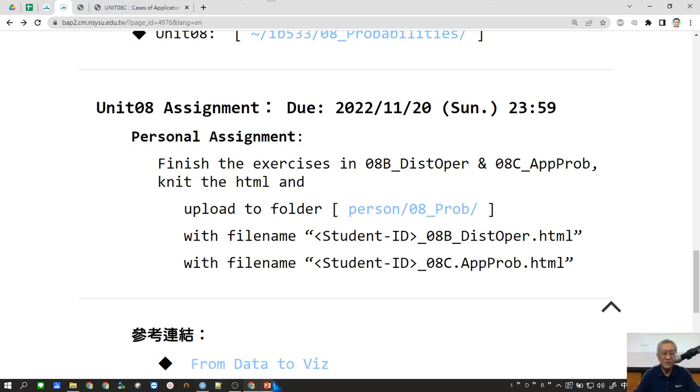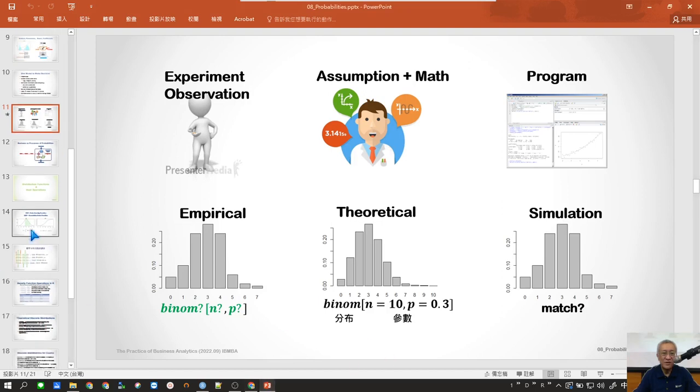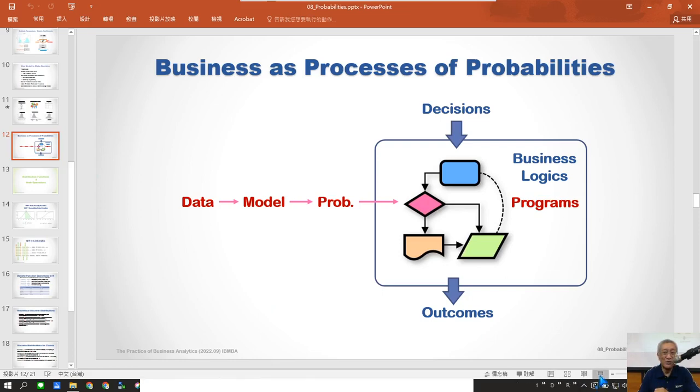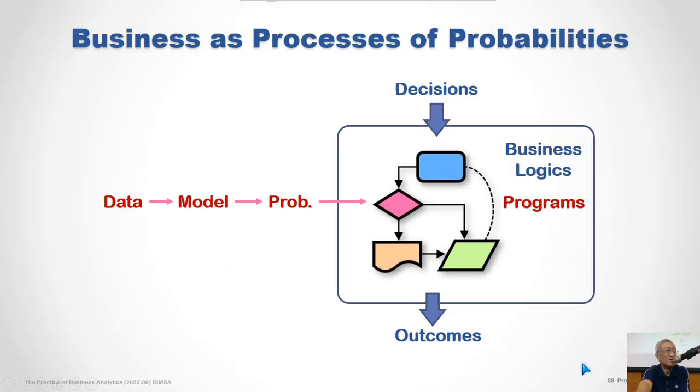What's important is, let's go back to here. Probability is actually a tool, like programming is a tool, and this is the way that we want to use the tool in our business scenario.